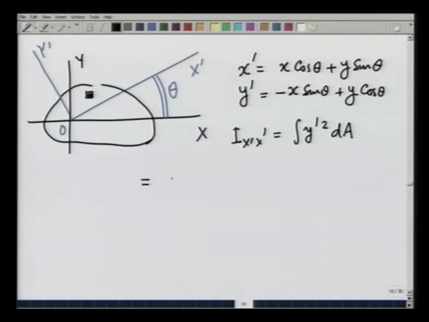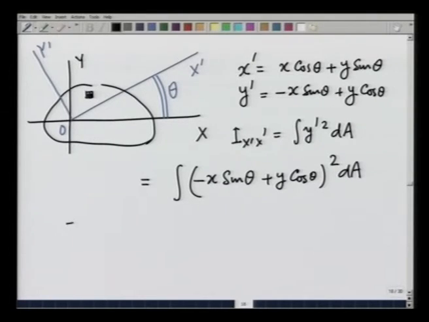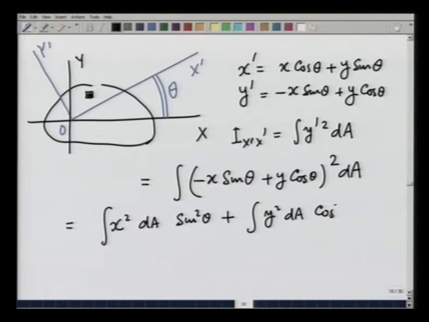Y prime square is going to be integral of minus x sin theta plus y cosine theta whole square dA, which I can write as integral x square dA sin square theta plus integral y square dA cosine square theta minus 2 integral x y dA sin theta cosine theta.